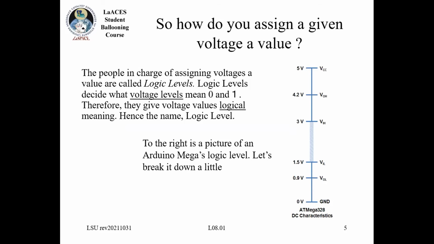Those are called logic levels. And basically they're the thresholds of what's a 0 and what's a 1, i.e. what are the voltage levels that correspond to the logical values, right?